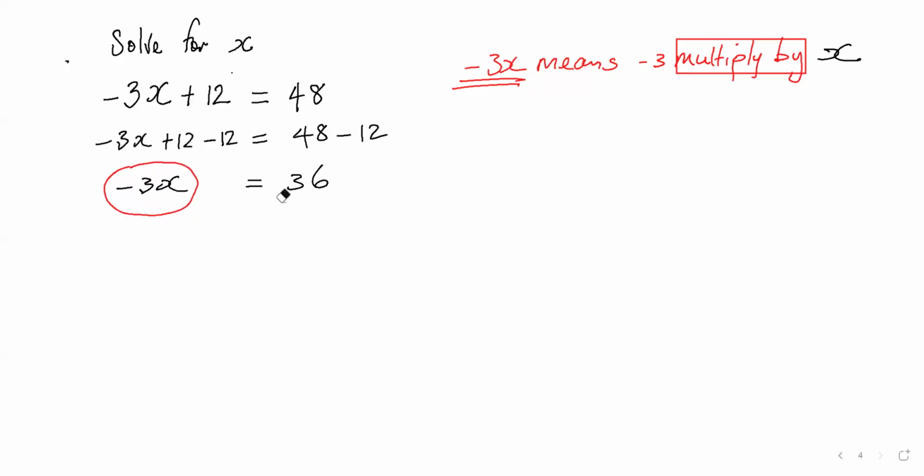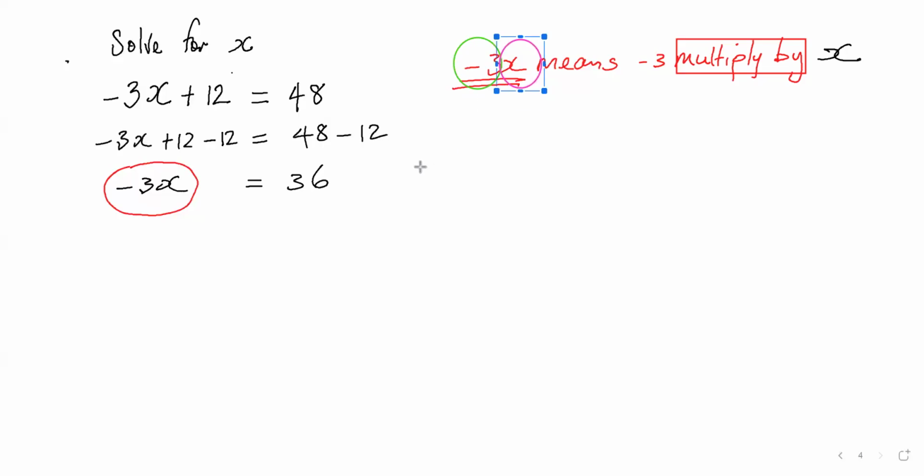So I am saying we have two things. We have negative 3, and we have this. We have two circles here.